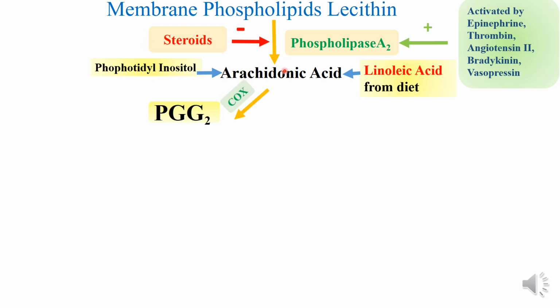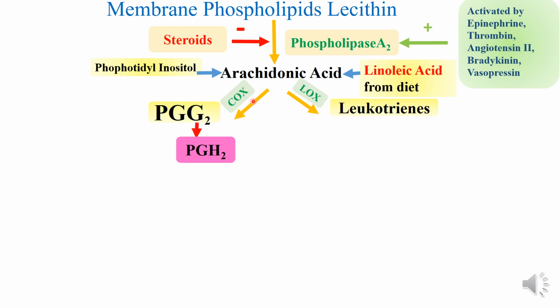Now, arachidonic acid further undergoes the cyclooxygenase pathway to produce PGG2. PGG2 is now going to be converted to various other products, but arachidonic acid can be converted to leukotrienes by the lipoxygenase enzyme. So let us look at the COX pathway.